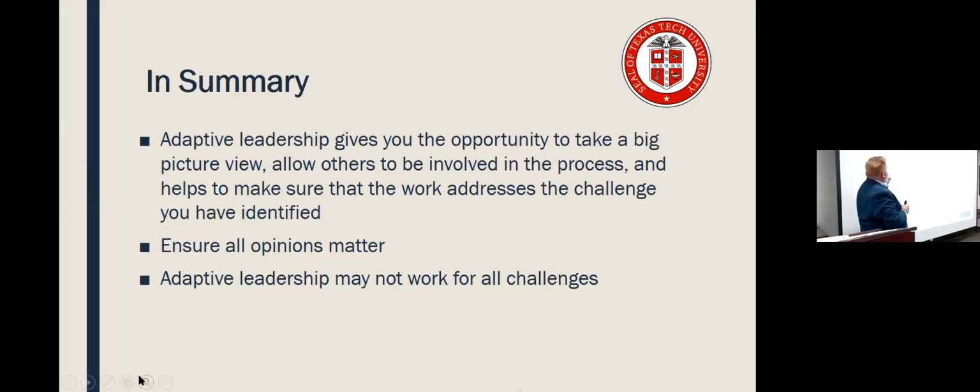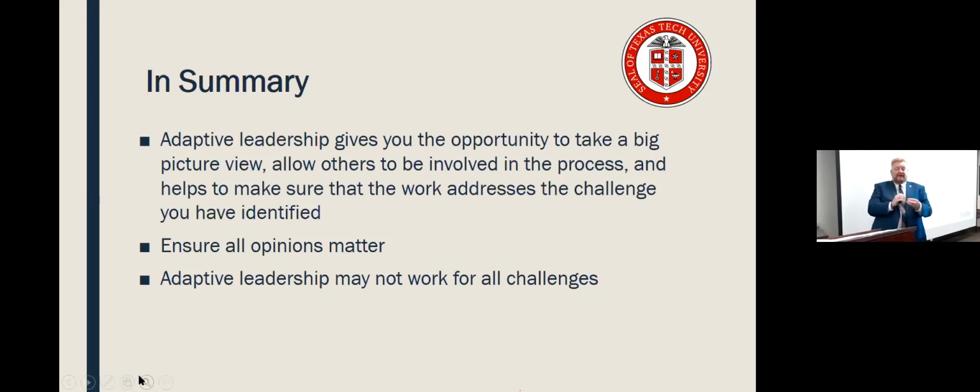When we look at adaptive leadership, it gives us the opportunity to take that big picture view, and it allows those others to be involved in the process, and it helps to make sure that the work addresses the challenge that you have identified as the leader.